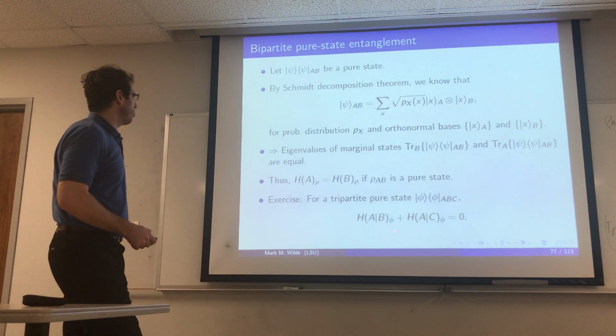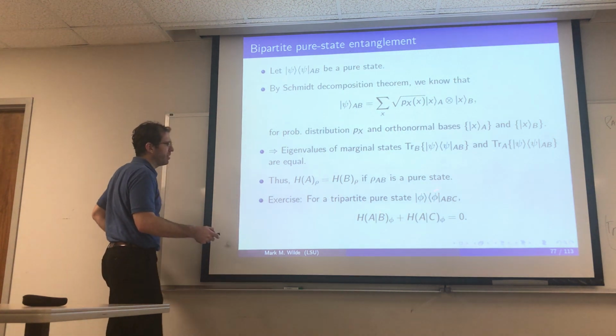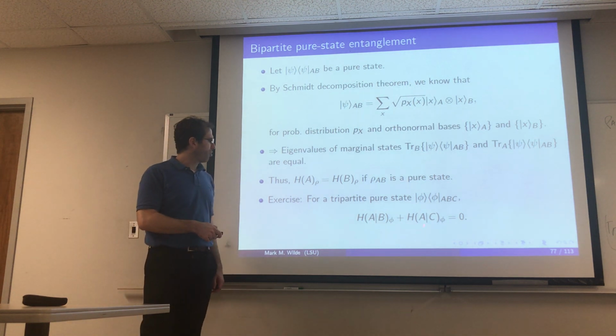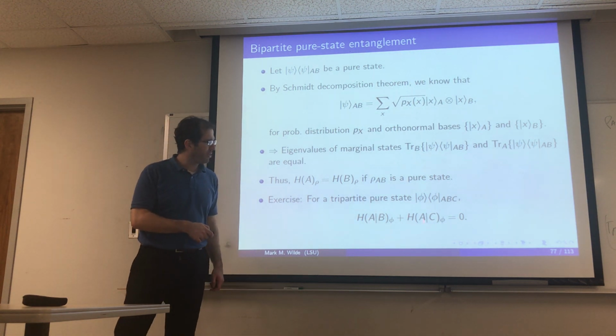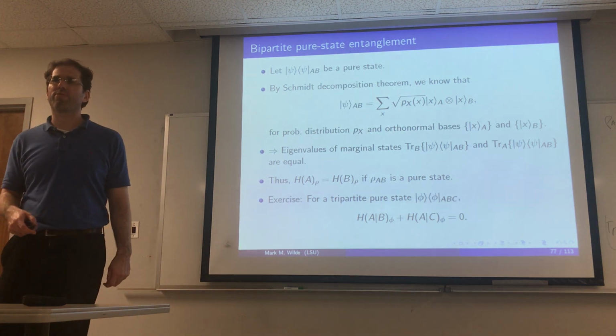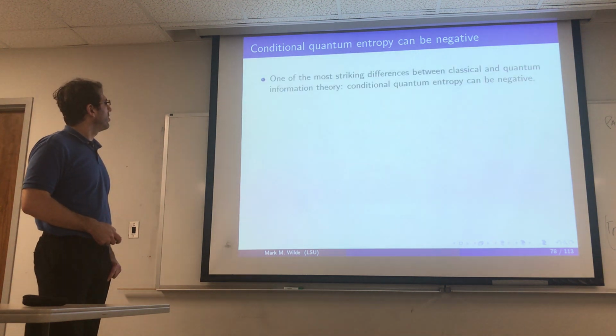One thing you can prove as an exercise is that if you have a tripartite state, phi on A, B, and C, and you do this calculation of the conditional entropies, it'll evaluate to 0, no matter what pure state you have.